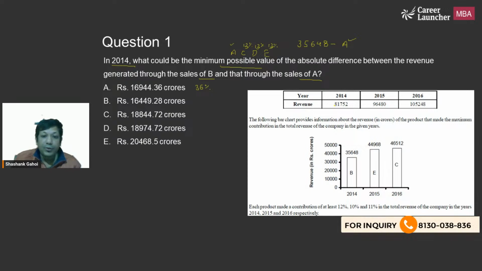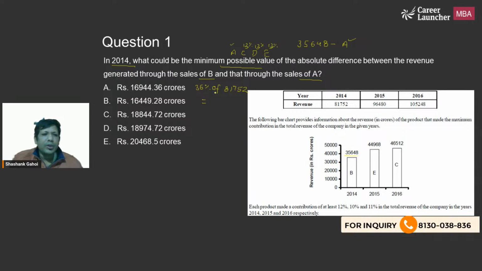Shubhra, you can calculate the 43% of B. So if this is accurate 43%, is it, Shubhra? 81,752, right? So this value comes out to be how much? If you use the calculator, what is the value you are going to get?